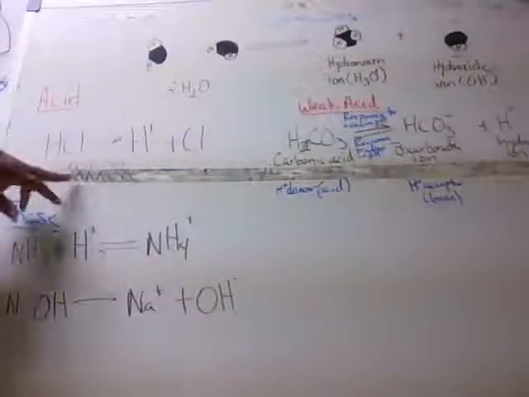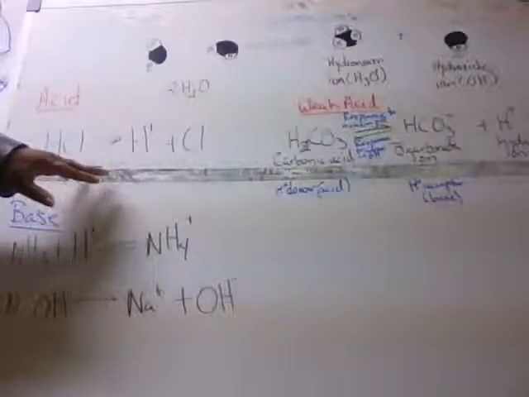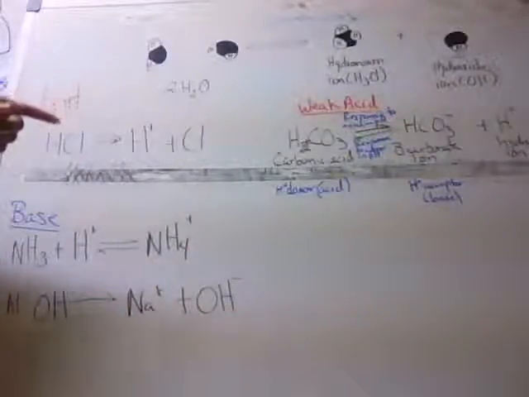When acids dissolve in water, they donate additional hydrogen ions to the solution. An acid is a substance that increases the hydrogen ion concentration of a solution. For example, when hydrochloric acid, which is written here, is added to water, the hydrogen ions dissociate from chloride ions.